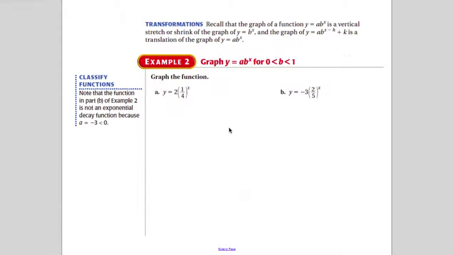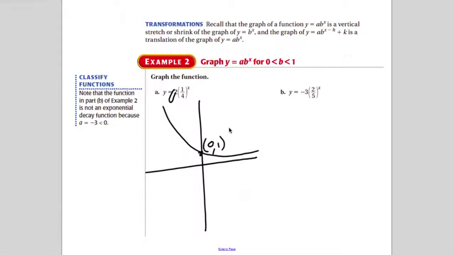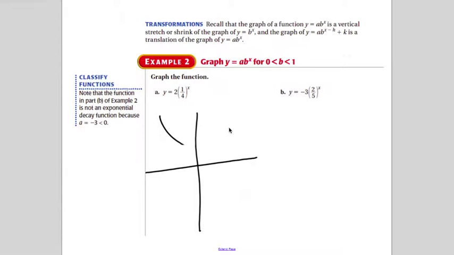Using transformations. This section is pretty much a mirror of the last section in 4.1. When you graph the function, all I expect from you is to be able to go from the parent function, which is still 0, 1 here, and multiply it by 2, which means it's a vertical stretch by 2 units.